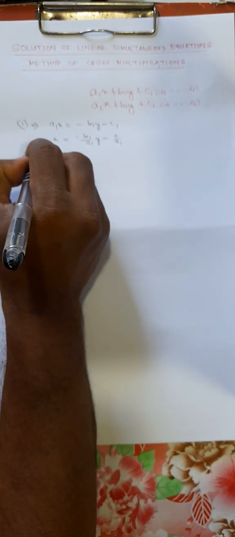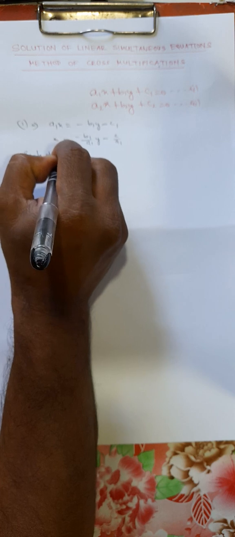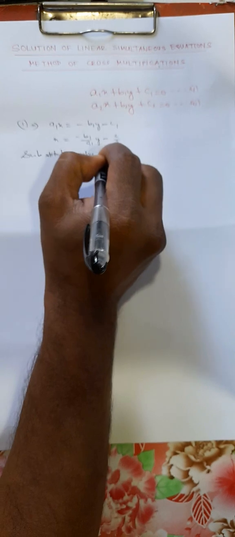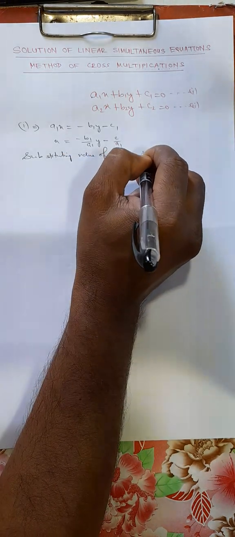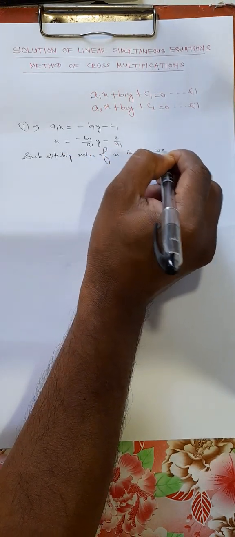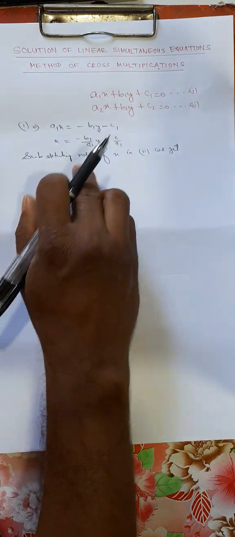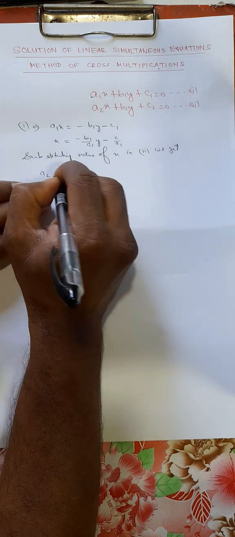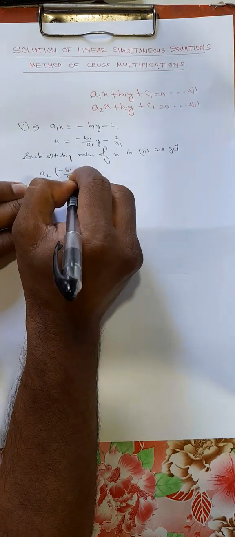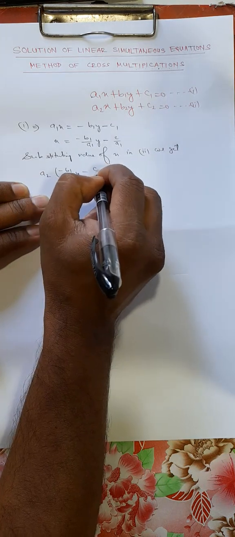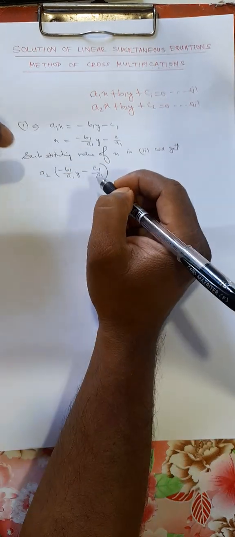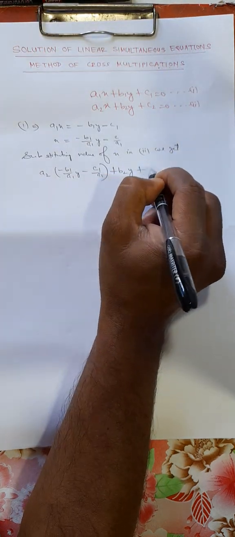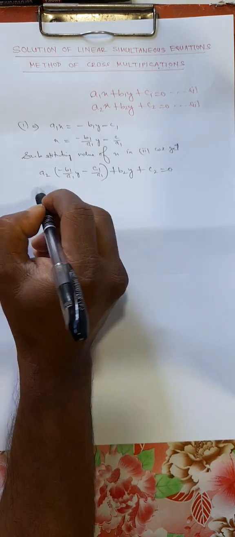Now we are substituting this value of x in equation 2. So what will you get? a2 times (minus b1 by a1 y minus c1 by a1) plus b2y plus c2 equal to 0.